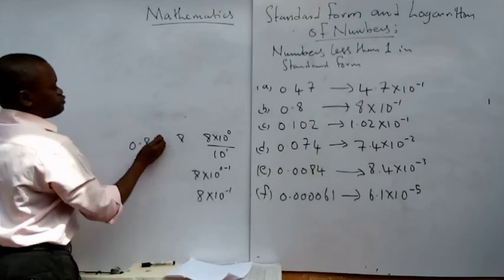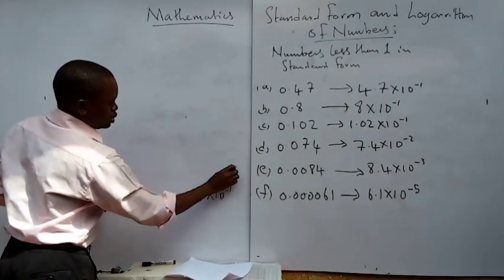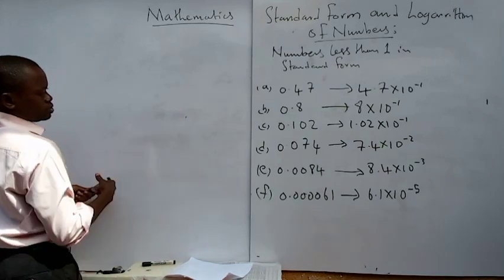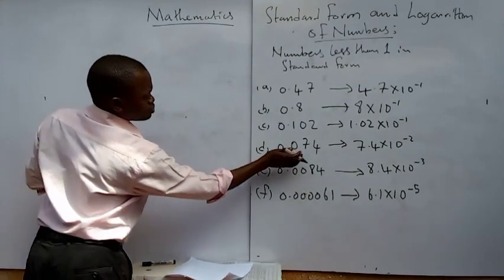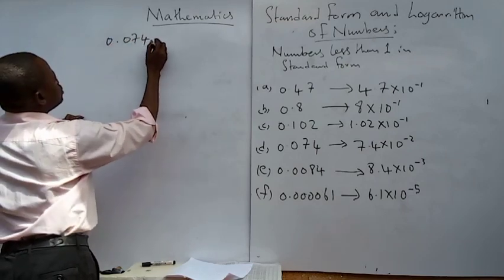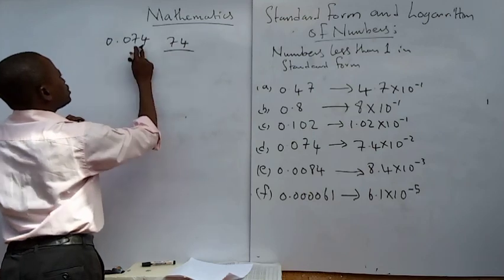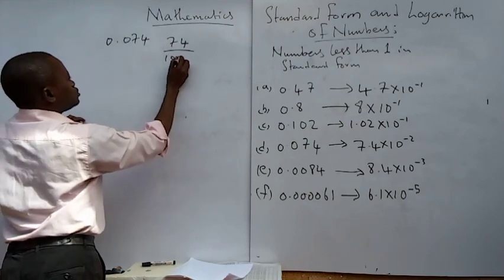All right. So if I care to give you further explanation on that, I can still show you that 0.074 is the same thing as 74 over 1000. 1, 2, 3. 1, 2, 3.